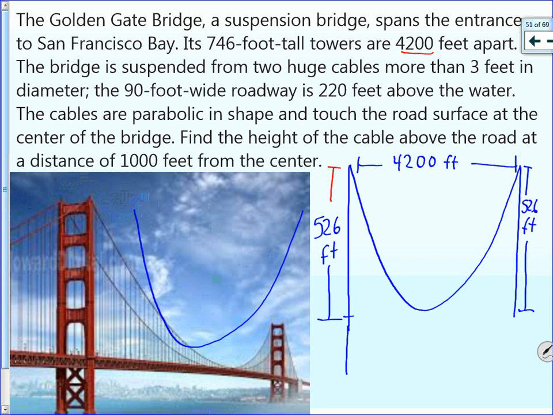So Daniel suggested doing it like here. Ashley suggested putting it 1,000 feet from the center. I thought just throw it right here so that the vertex would be at 0, 0. But I don't know, what do you guys think?